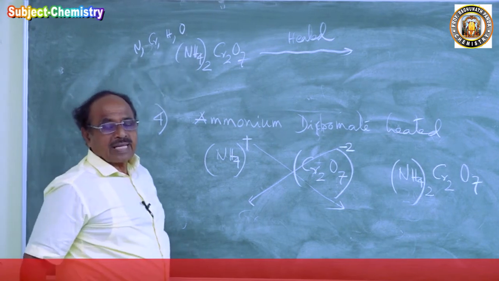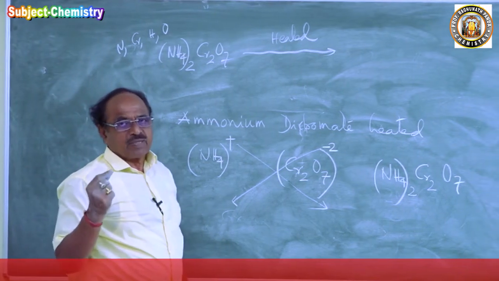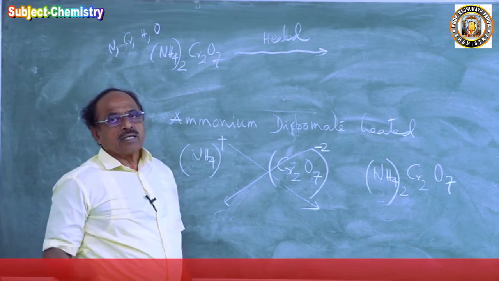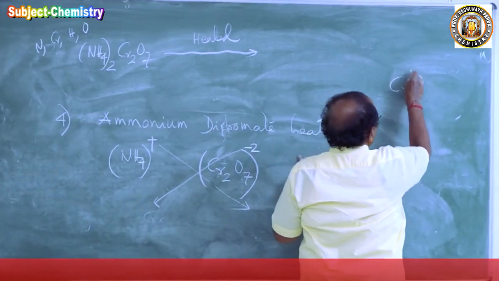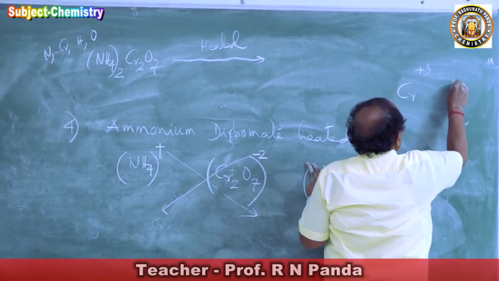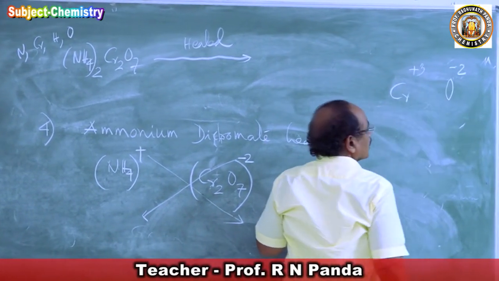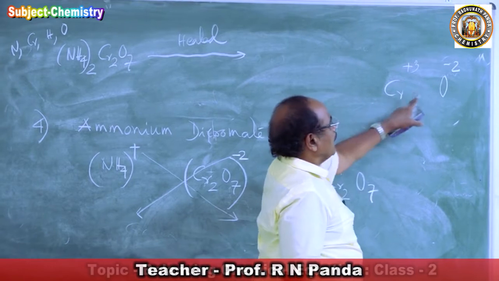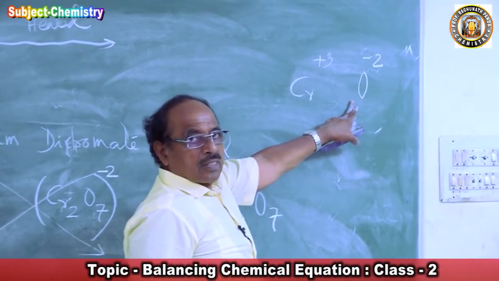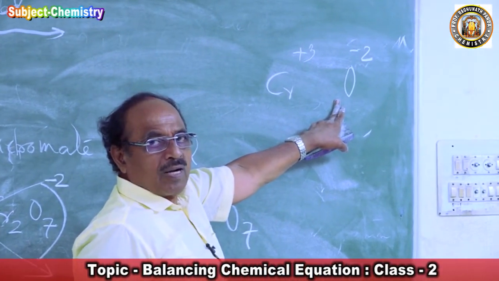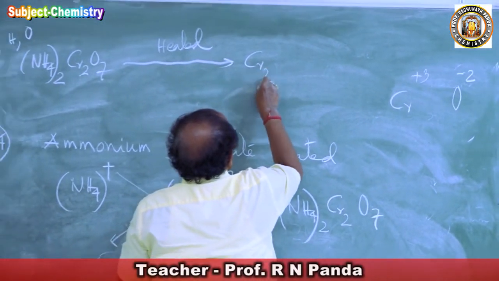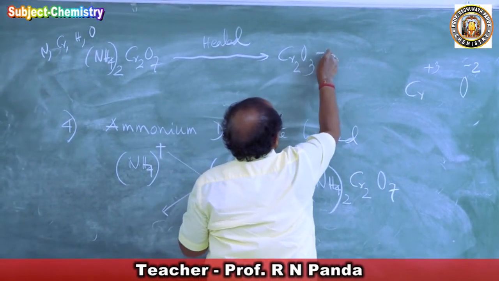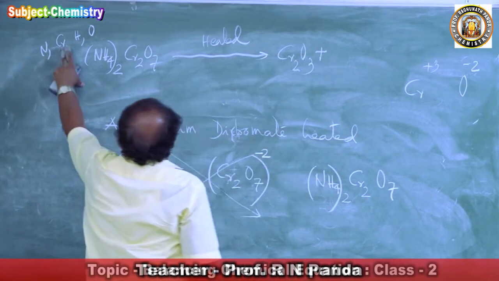Chromium exhibits valency plus 3 state, and oxygen minus 2 state. Chromium is Cr plus 3 and oxygen O minus 2. So chromium will combine with oxygen and form what? Cr2O3. Chromium and oxygen are gone.